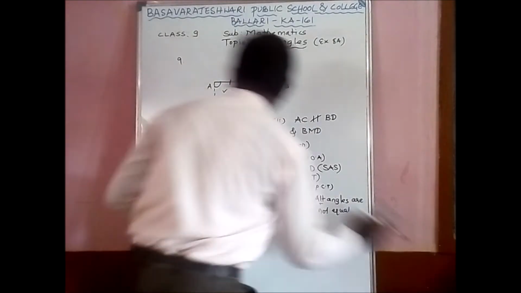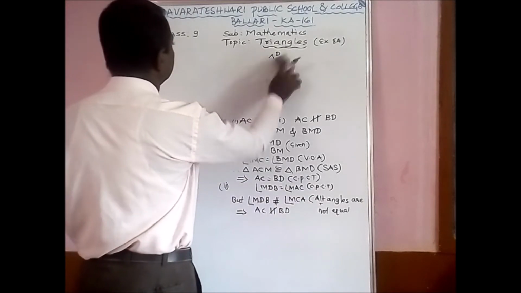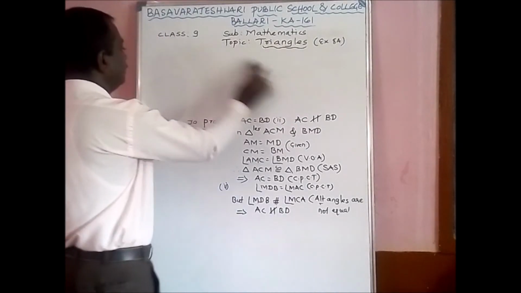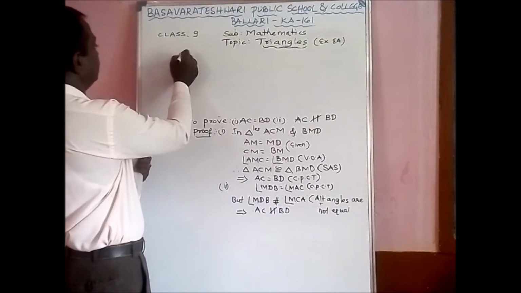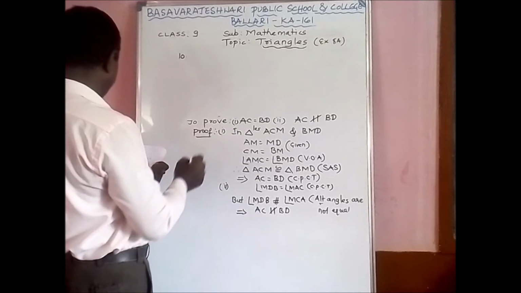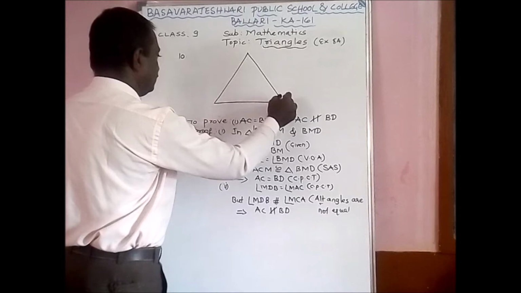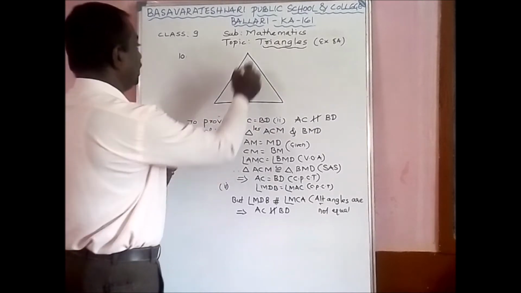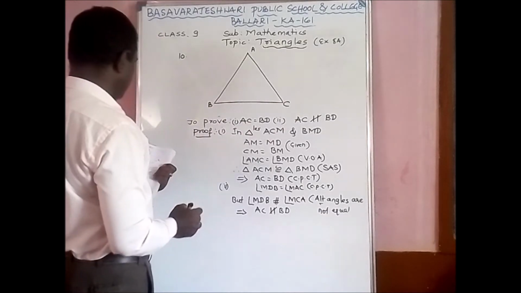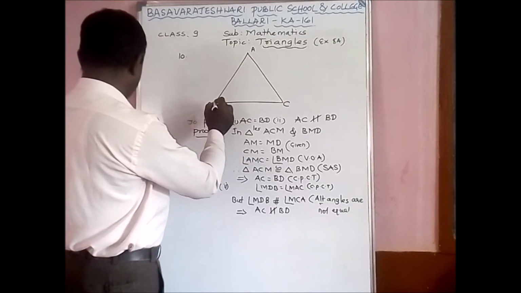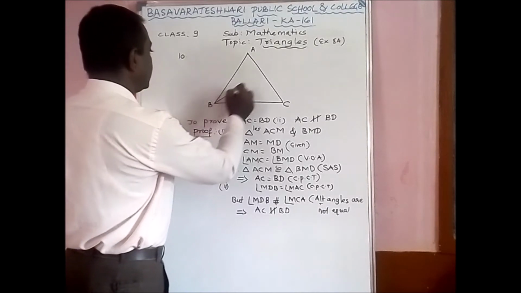Now move on to the 10th question. What does the 10th question say here? I will draw the figure first. A, B, C. They have given altitudes, not medians.